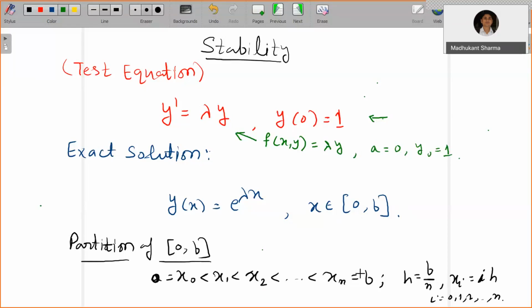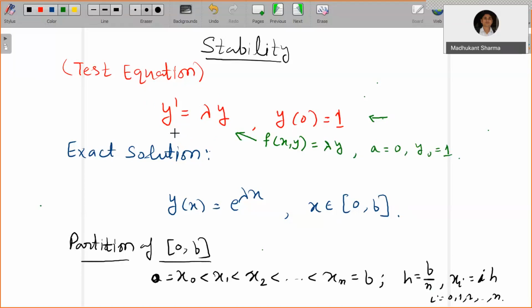Now we will explore the standard methods explicitly. Let's first look at what Euler's method will give in the case of the test equation. We will use the problem y dash equals lambda y, y at 0 equals 1, apply Euler's method and the Runge-Kutta method of order 2 to this equation, and then try to come up with some conclusion.